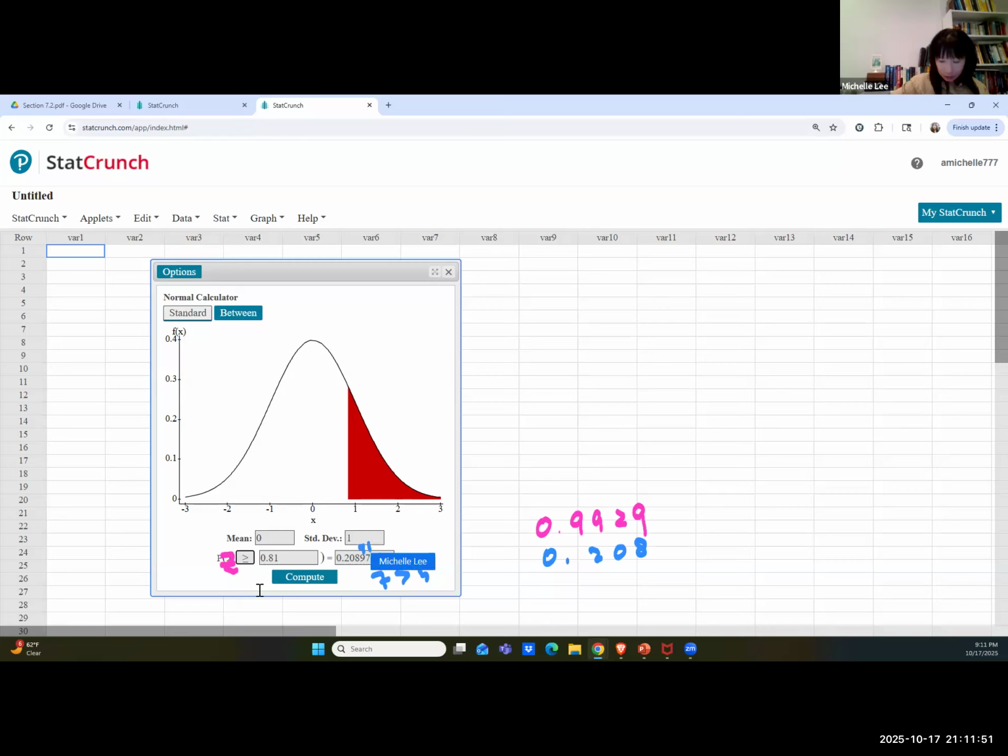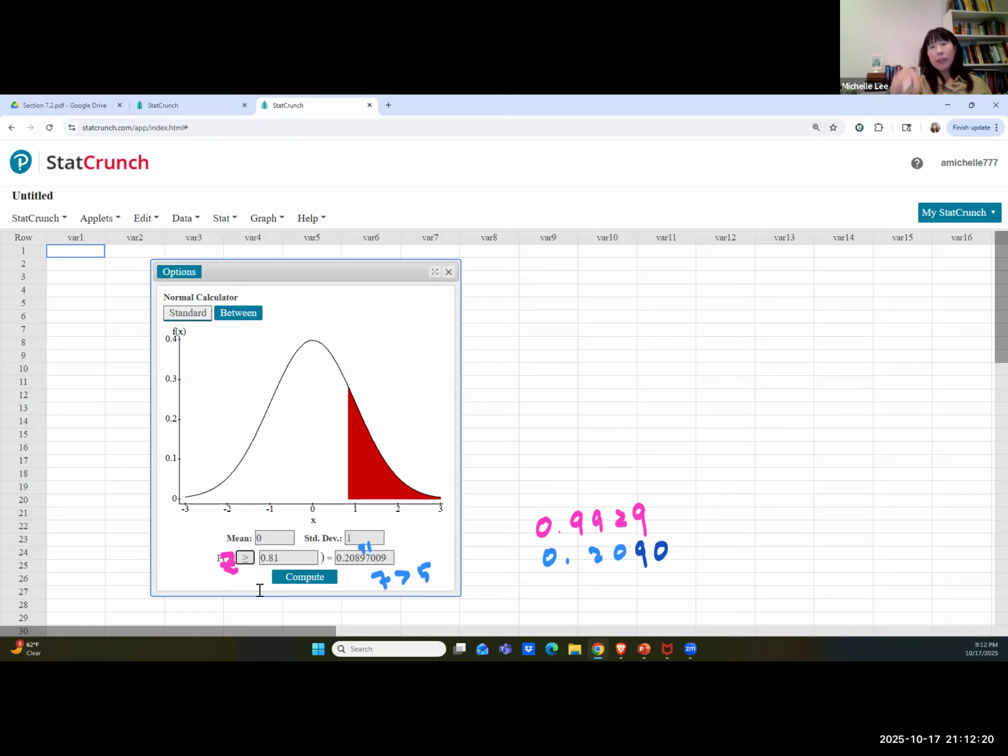So give it to the 1, then there is a 9, so 10, so 0.2090, right? Make sense? Round up, if we want to answer 4 decimal places, right?